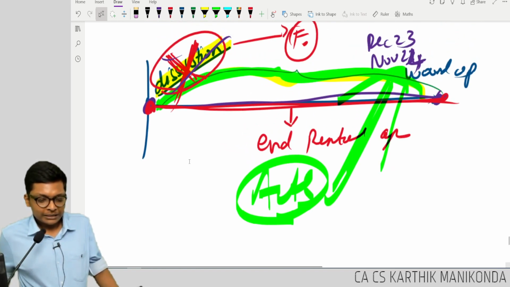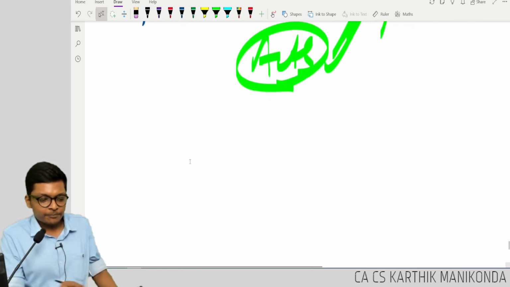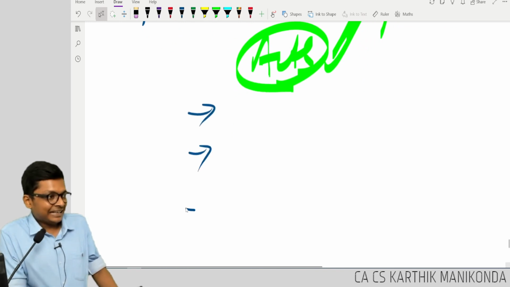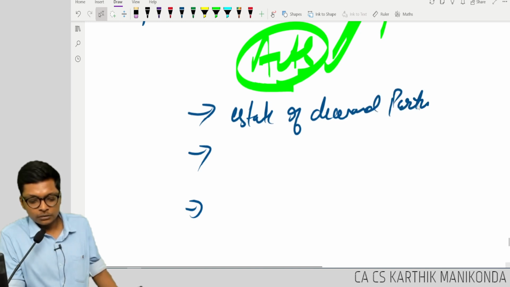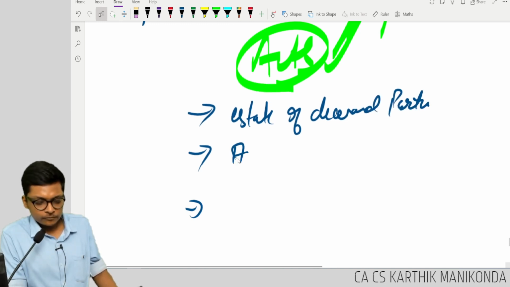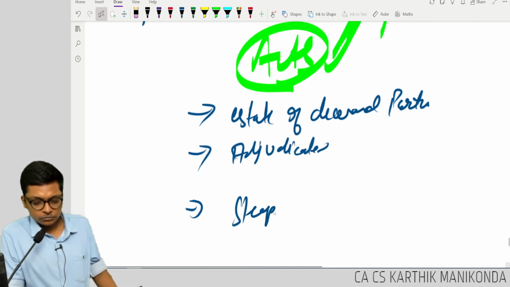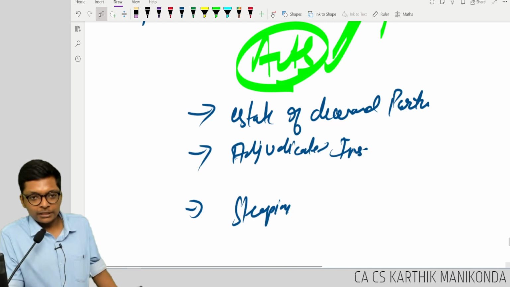Now, in that liability, the following people are not liable: the estate of a deceased partner, an adjudicated insolvent partner, and a sleeping partner.